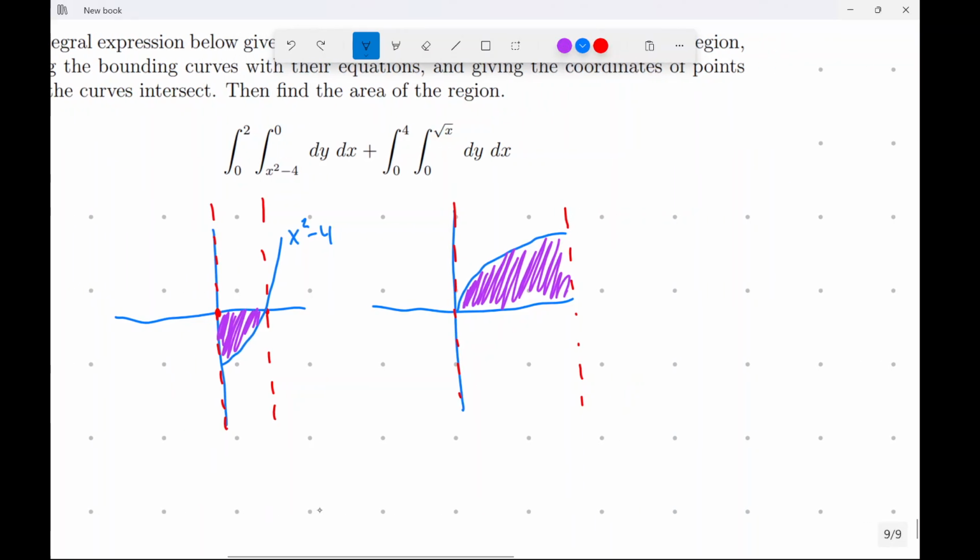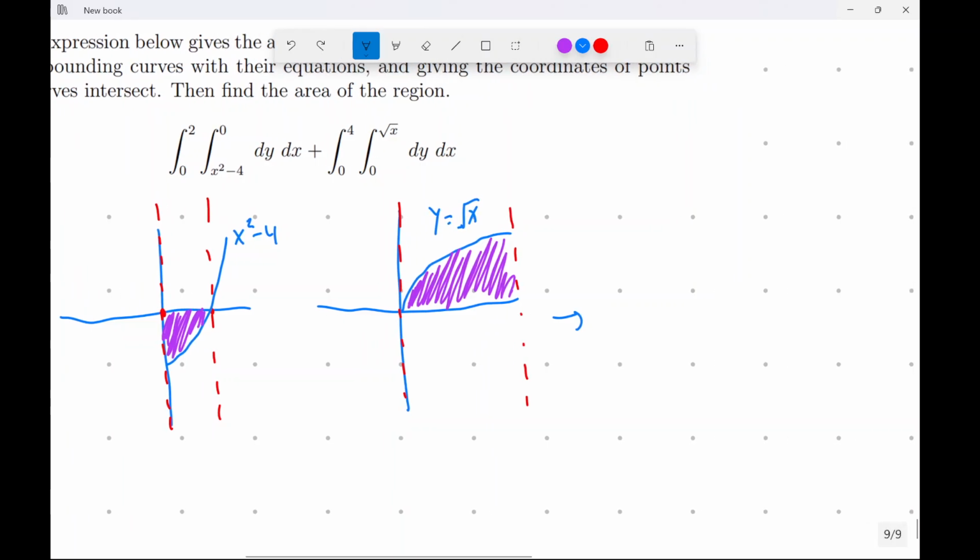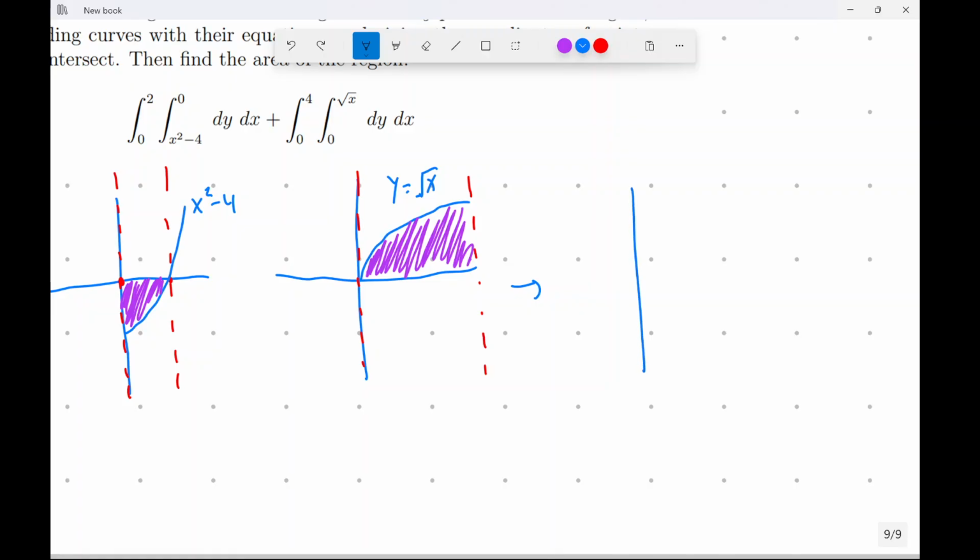And if I want to combine these two, then let's see, this becomes, I'm going to say it's, I have root x there, and x squared minus 4 here, and it is this region. Okay.